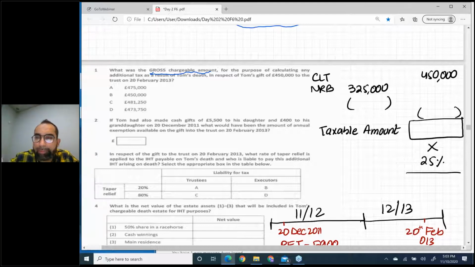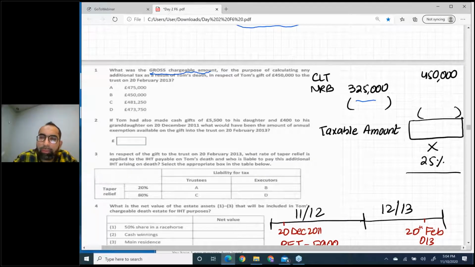Let's do it. The CLT is 450,000, and the NRB which we just read is 325,000, available for 12-13. Now the 7-year accumulation principle: the NRB is available for the last 7 years. You stay at 1st February 13 and look back 7 years. There is no gift in the last 7 years, so this NRB is free and unused.